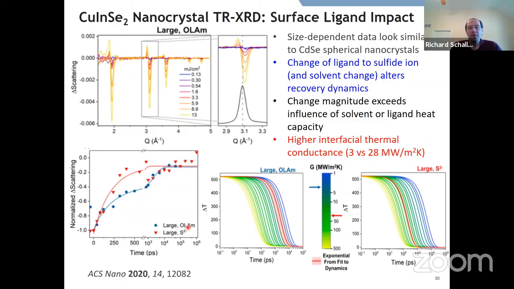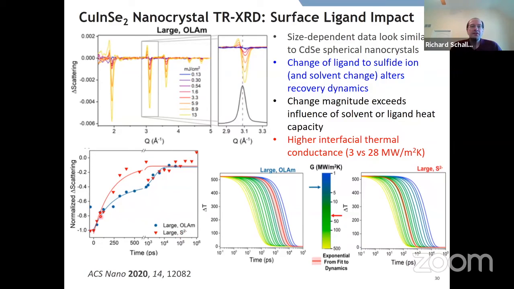There is a solvent change, going from a non-polar organic to a more polar organic, DMF versus toluene or octadecene for oleylamine capped particles.